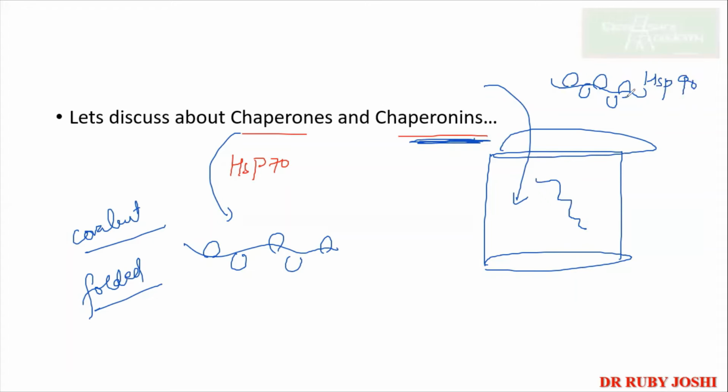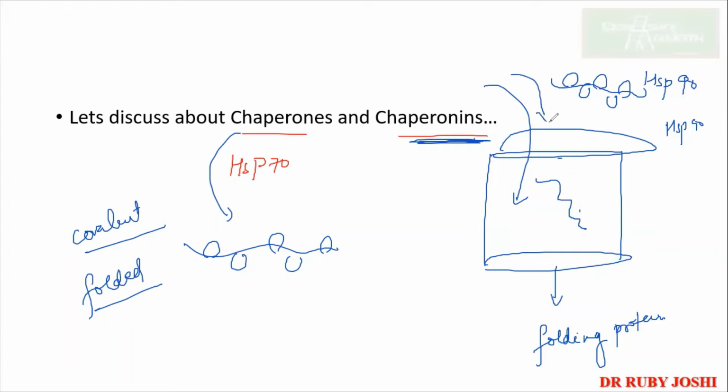So these HSP90 make sure that the unfolded proteins remain in the unfolded form. That will be taken inside this chaperonin, where HSP90 will stay outside and only the polypeptide chain will go. Now this will go under certain modifications which eventually result in the proper folding of the protein. So it provides an environment inside which the single polypeptide chain gets folded properly.